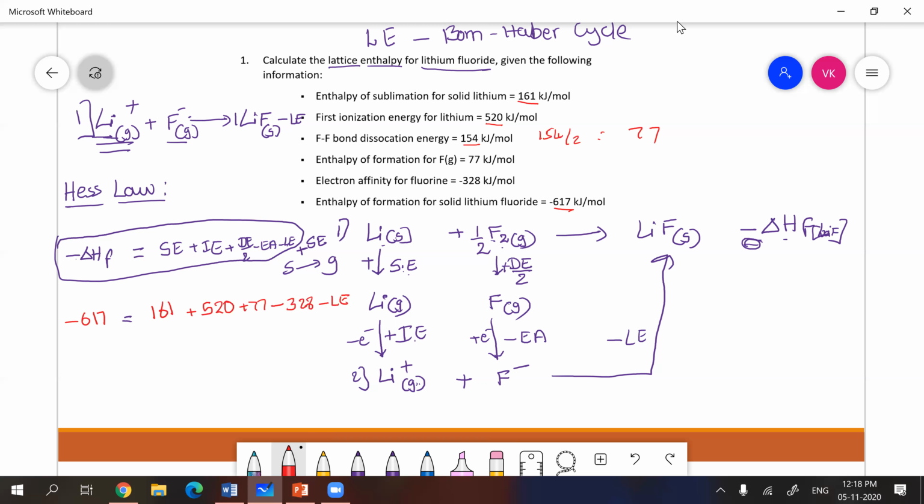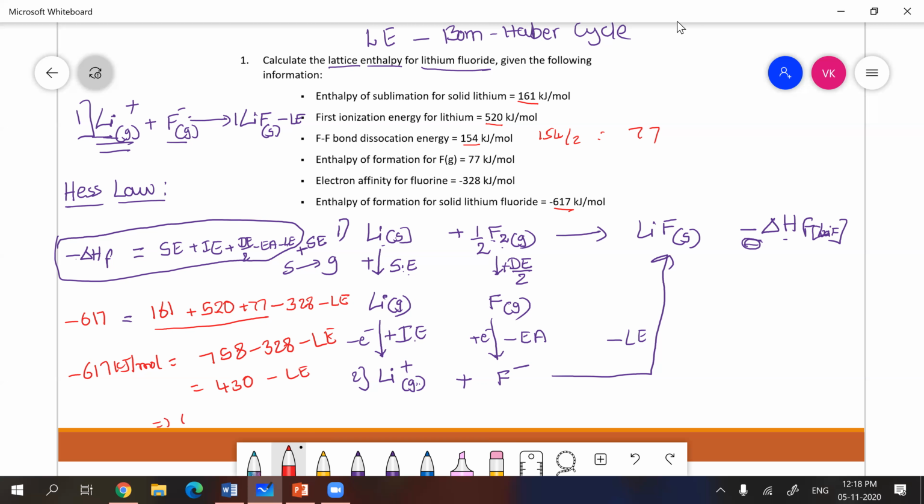Simplify by adding all these values. Then what value are you going to get, tell me. First add the positive terms here. Minus 617 kilojoules per mole is equal to 161 plus 520, 681. 681 plus 77, 758. 758 minus 328 minus lattice energy. So that equals 430 minus lattice energy.